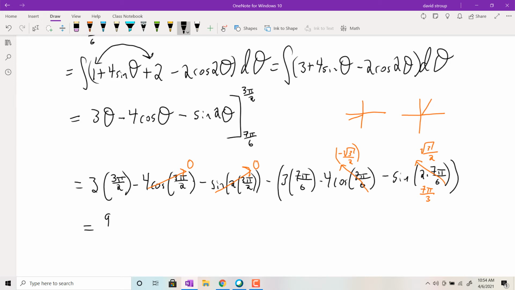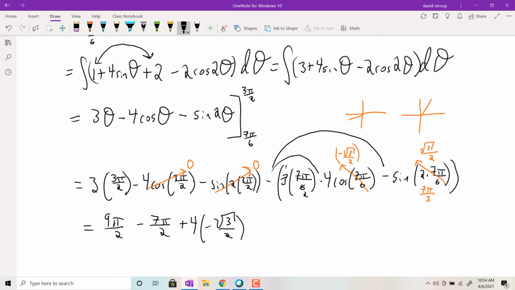I have from the first term 9 pi over 2, then 0, minus 3 times this. So the 3 will cancel, and you get 7 pi over 2. The negative, you have to distribute that, so you get positive 4 times negative root 3 over 2. And then again, you have to distribute this negative, so you'll get plus root 3 over 2.